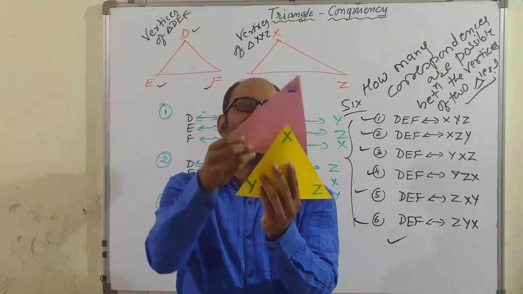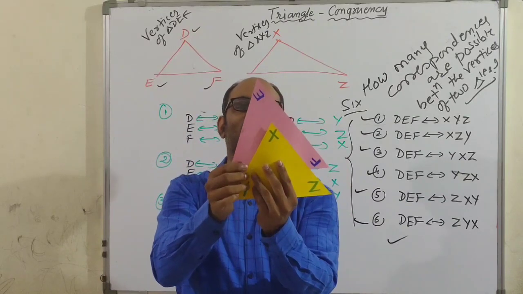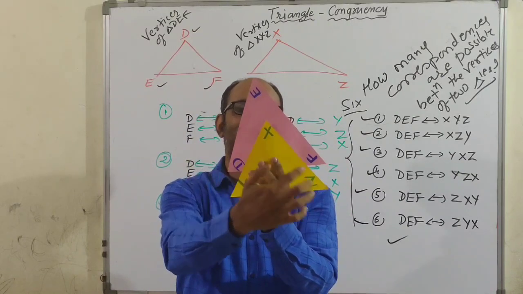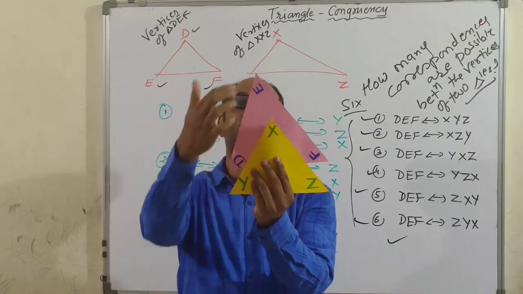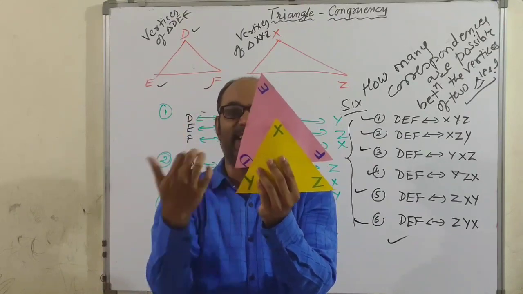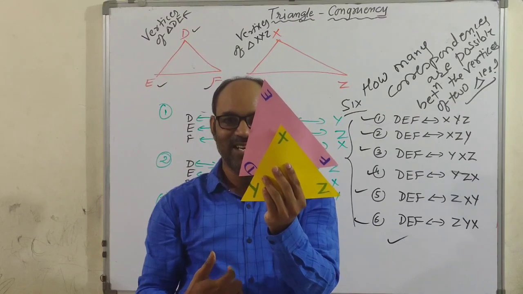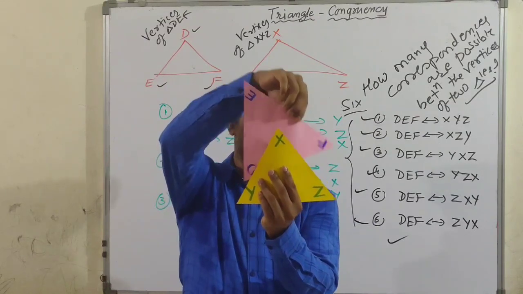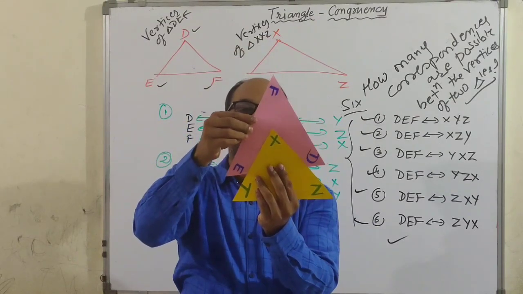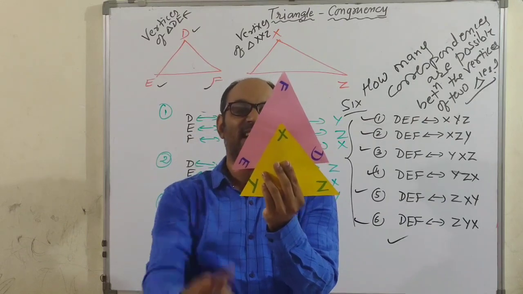Now I change this. Be careful. Again, X, Y, Z corresponds to E, F, D. Can you see that? So that is second correspondence. I am turning it now. Please watch nicely.